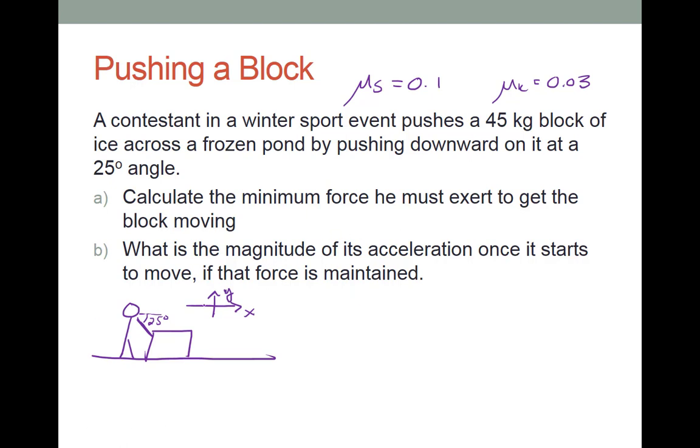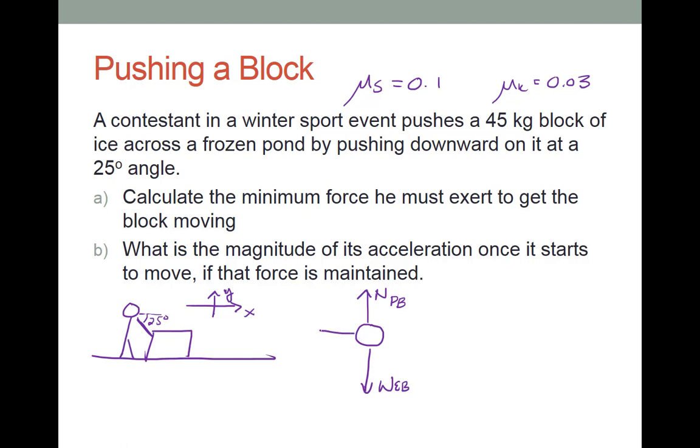Drawing the free body diagram of the ice block, I have a normal force from the ice on, let's not do ice. I really don't like I's because they can look like ones too easily. So we're going to call it the pond on the block. We have the block's weight.